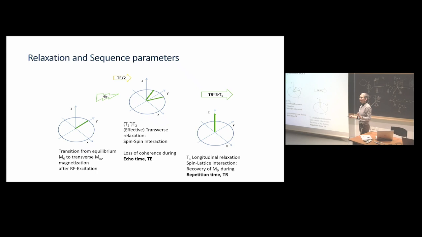We really need to wait a long time to gain back the full magnetization vector, to have full equilibrium again and be able to measure the full magnetization again. We have to wait between two experiments in MRI 5 times the so-called T1 relaxation time. And this value at 3 Tesla would be about 1.5 seconds in the brain.